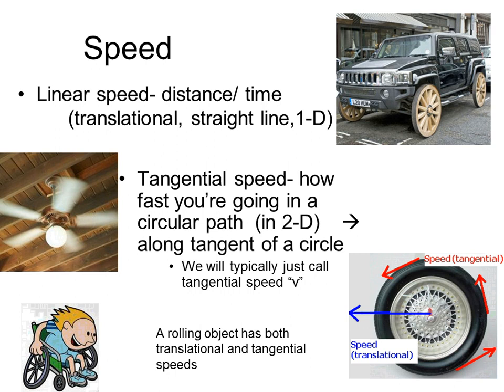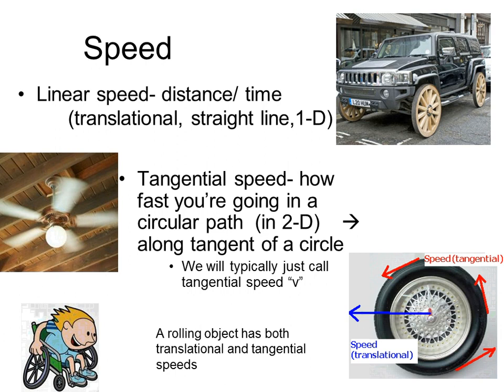So how about this? This image right here, is that going to have tangential? Is it going to have translational? What do you think? Why do you say that? Well, physically moving is not adequate.